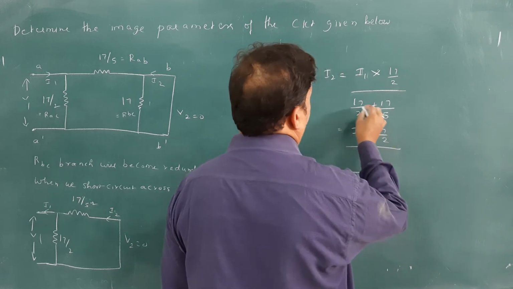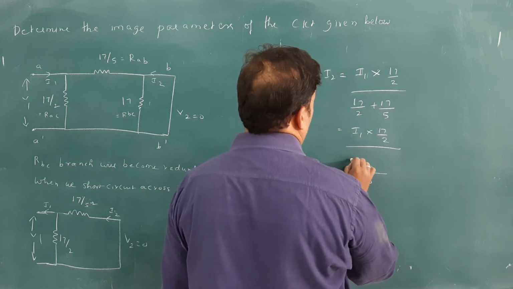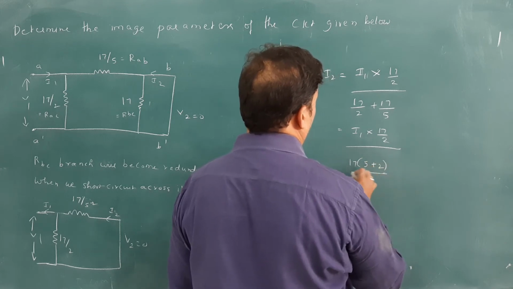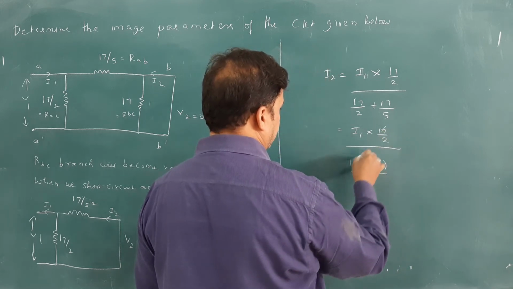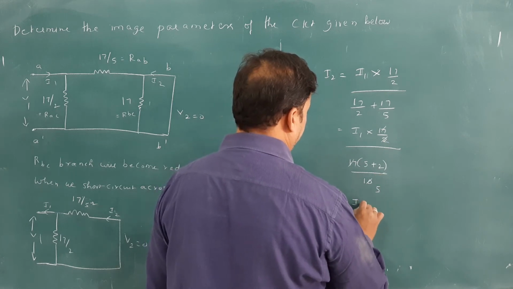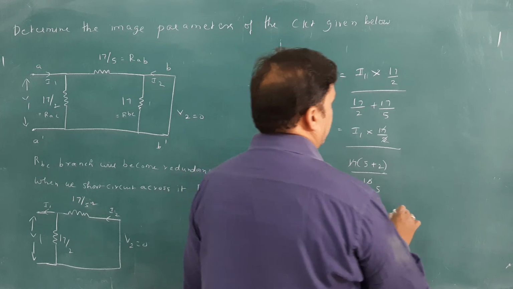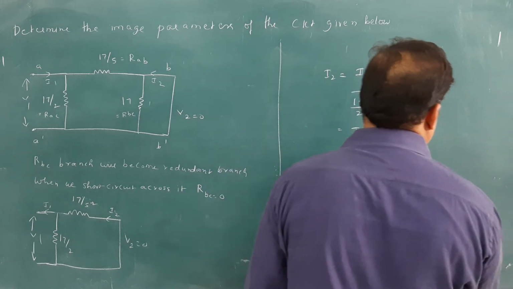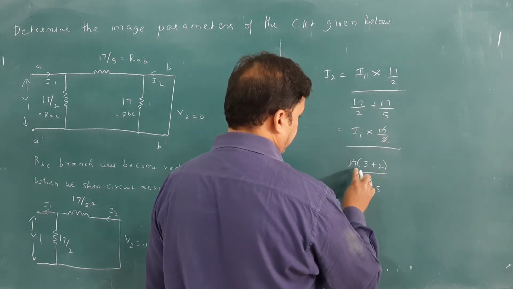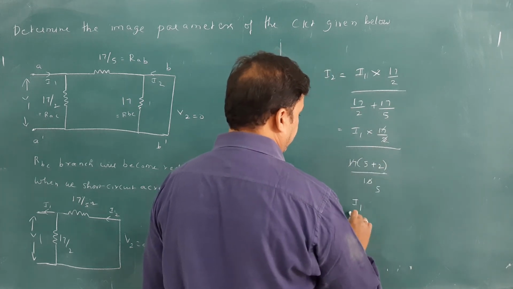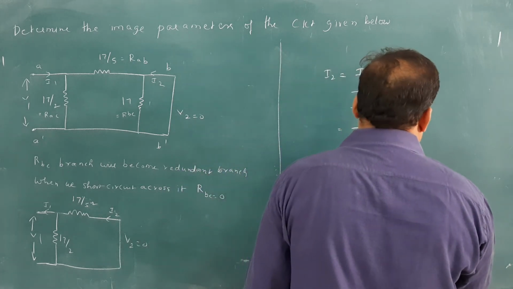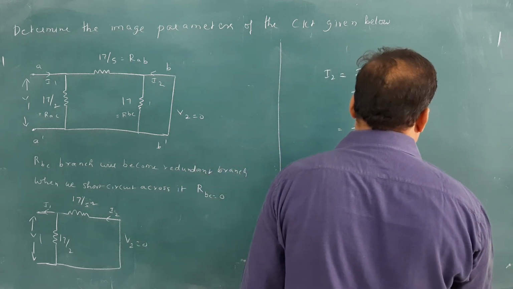LCM 17 into 5 plus 2. So here 17 gets cancelled and here you get 5, that is equal to I1 into 17 by 2 divided by 7 by 5. This is cancelled, 7 I1 by 7 by 5, that is equal to I1 into 5 by 7.